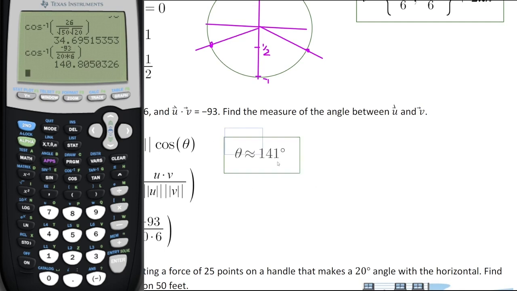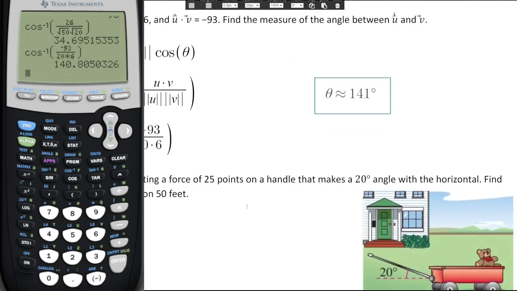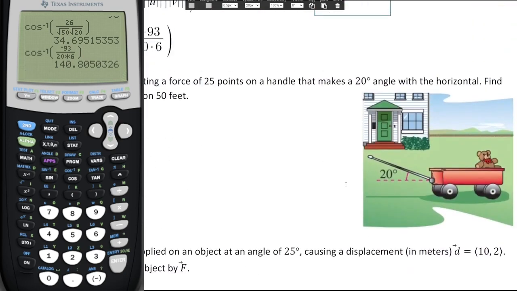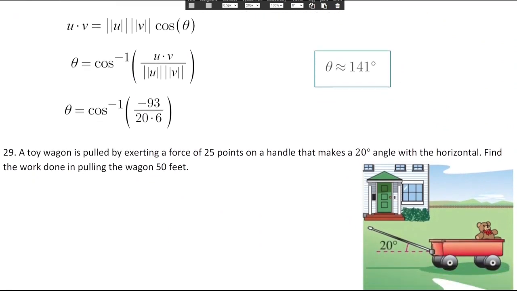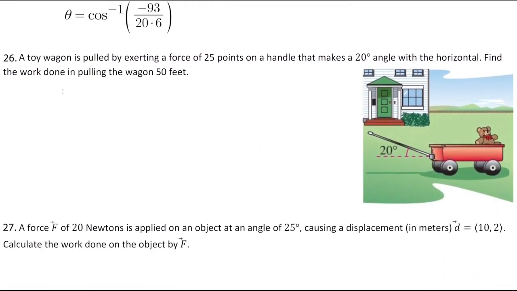Number 29 and 30 are both work problems. So let's get rid of the calculator, although we'll definitely need it to do our calculations here. The formula we're going to use for work is work equals force, dot, the displacement vector.